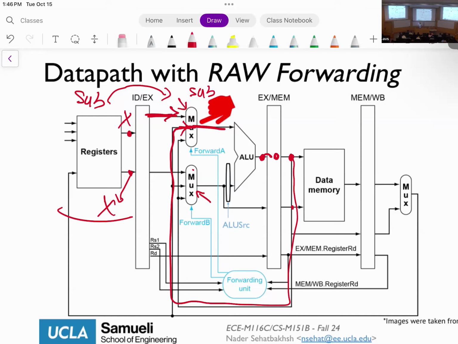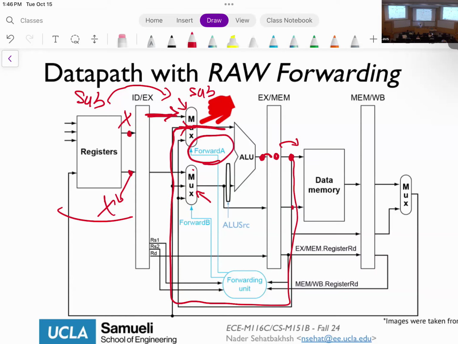that can decide dynamically whether I want to use the value that I actually read from the register file, which is the case in most cases, or whether I want to replace it with the value from the previous instruction that is now at the memory stage. So I'm going to have a wire connected from the memory stage back to the ALU in the execution stage, and I'm going to decide whether or not I want to forward.